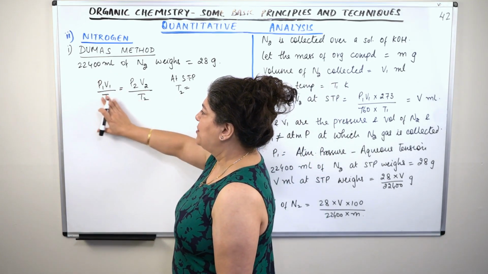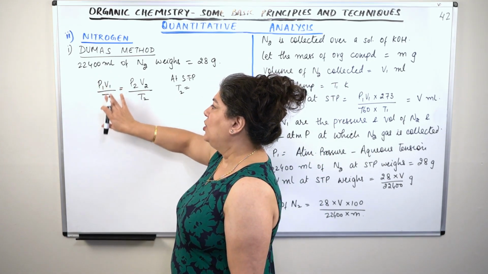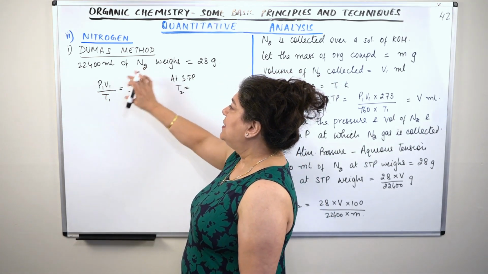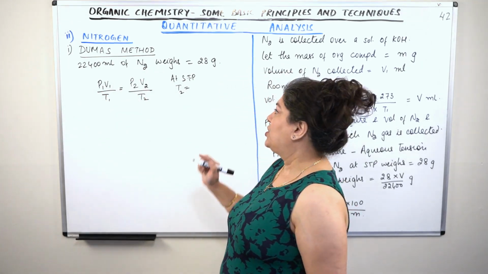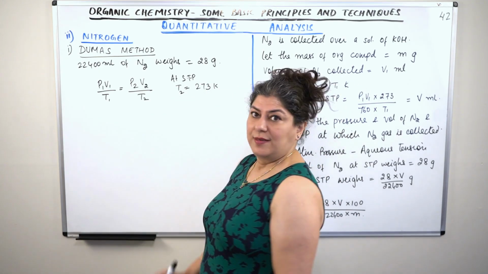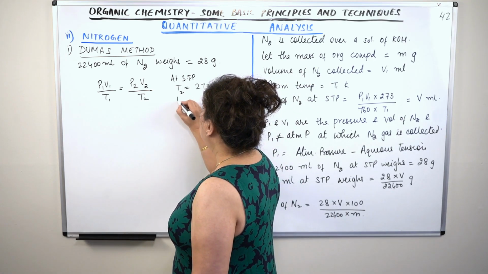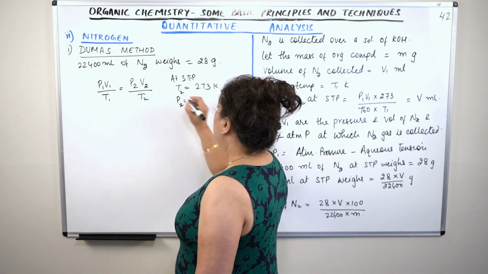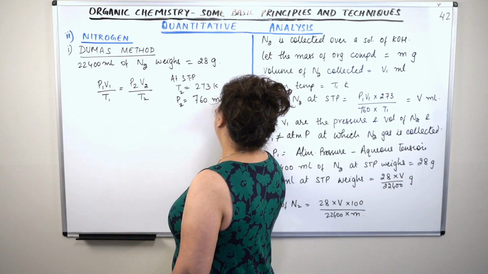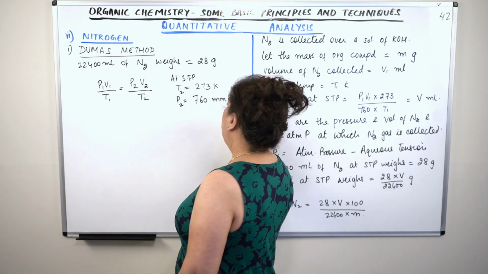Let us say this is the experimental conditions, the pressure, volume and temperature. I'll come to the pressure part later. But what is the pressure at standard temperature pressure conditions? What is the temperature? 273 Kelvin is the standard temperature. And standard pressure, P2, is 760 millimeters of mercury, right?